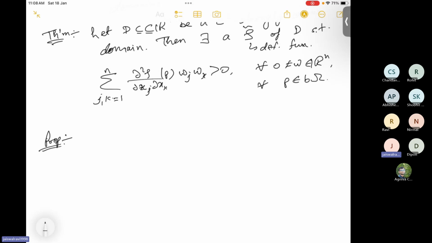So let me write the proposition first. Let omega, compactly contained in Rn, be a C2 smooth strongly convex domain.